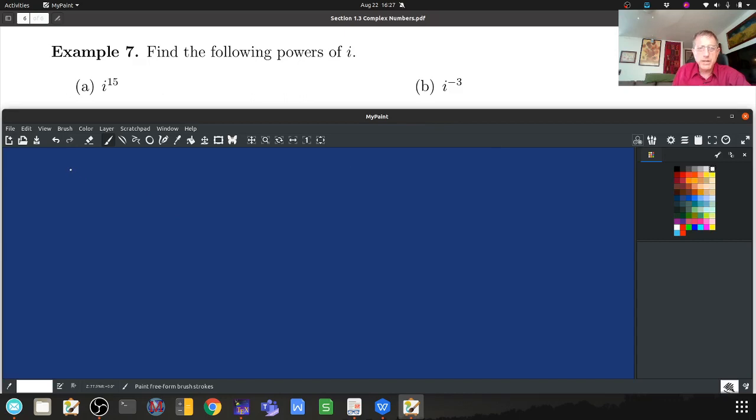So here's what I don't want you to do. I don't want you to write i to the minus 3 is equal to 1 over i to the 3rd. You could do it that way, but it's going to be a lot easier if you do it this way.